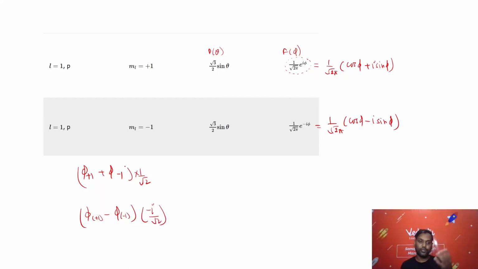When you apply these two transformations, you will be able to cancel out this I part, and you will get the phi part of two orbitals which is having only the real part.